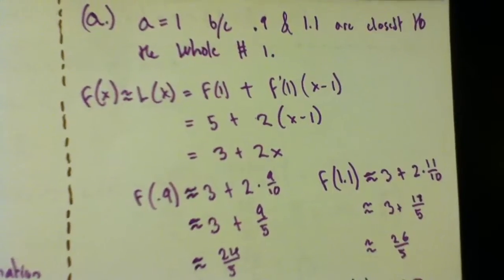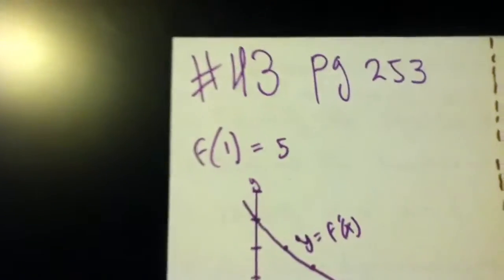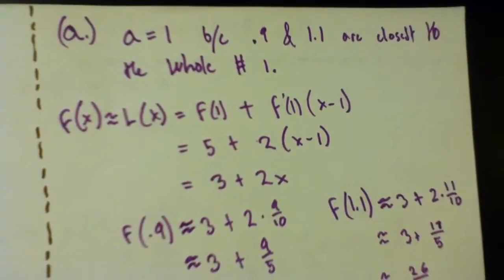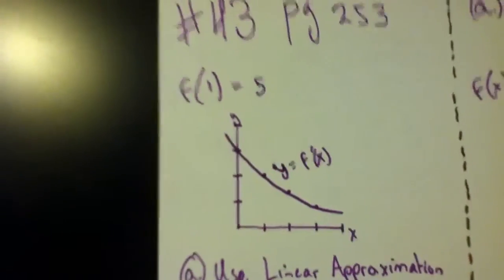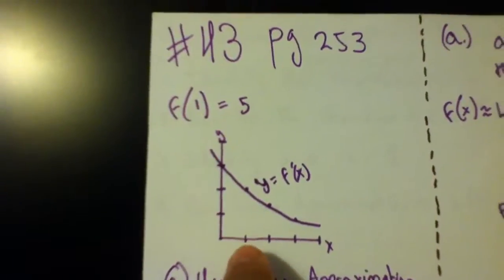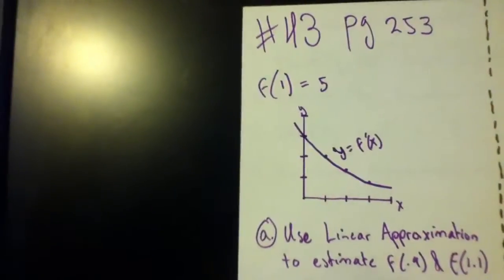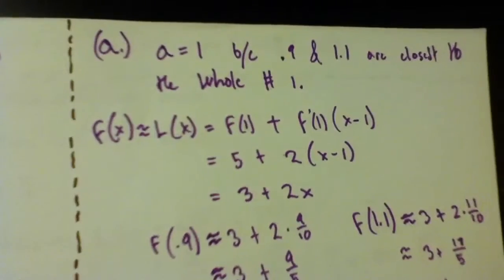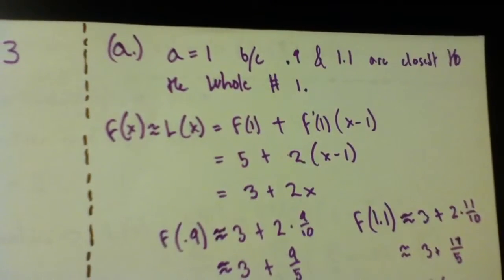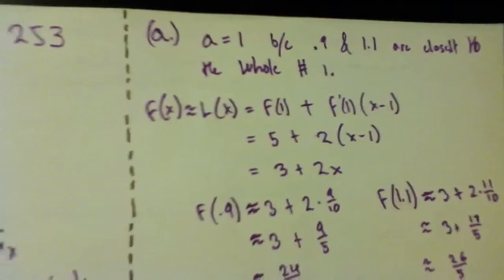So f of 1 equals 5, and I know that because the original question told us what it was. And f prime of 1 equals 2, and I found that out by looking at the graph. I just went to 1, and then it told me 2. So L of x ends up equaling 3 plus 2x.